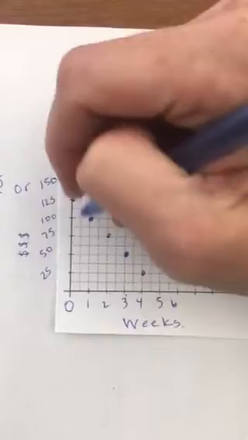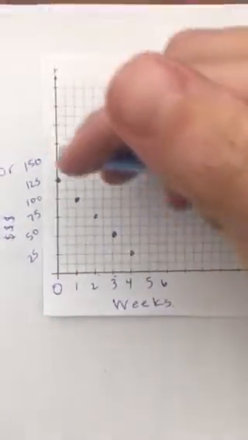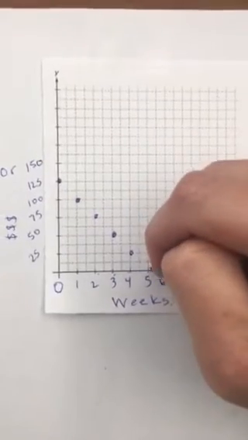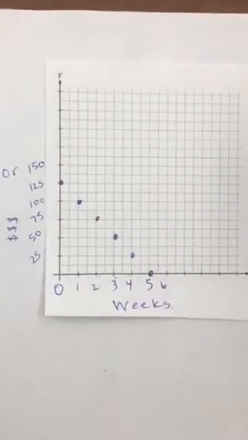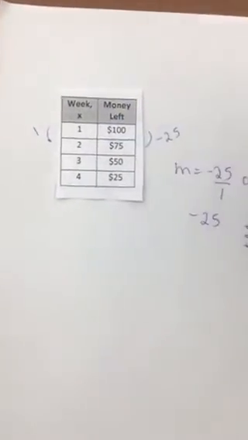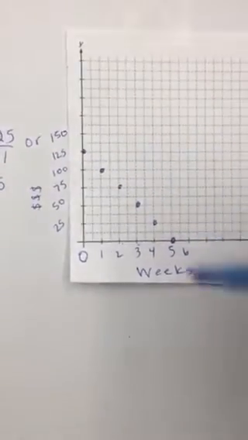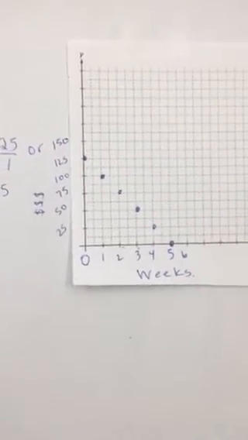Looking at the pattern, I would assume that this person started off with $125, and then after 5 weeks, they're going to have no money left. So even though my data doesn't give me all the information, I can make some inferences about the piece before and the piece after based on the data I'm given.